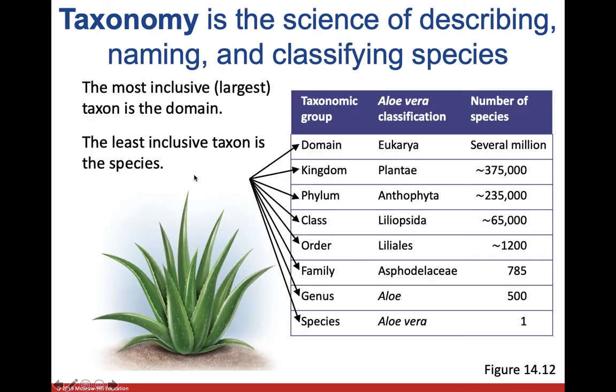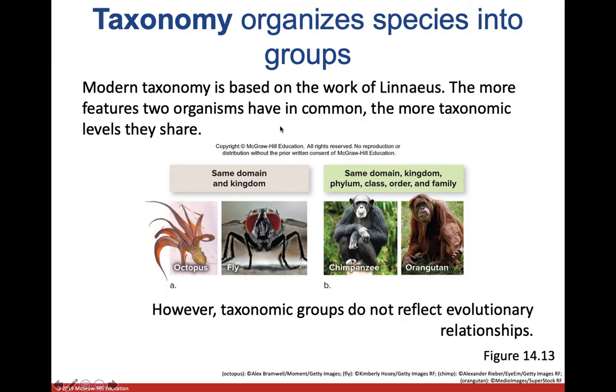Now, unfortunately, modern-day taxonomy does not really reflect evolutionary relationships. It just shows who's kind of in the same groups, the same orders. It does not, however, truly reflect evolutionary relationships, who's really related to who.